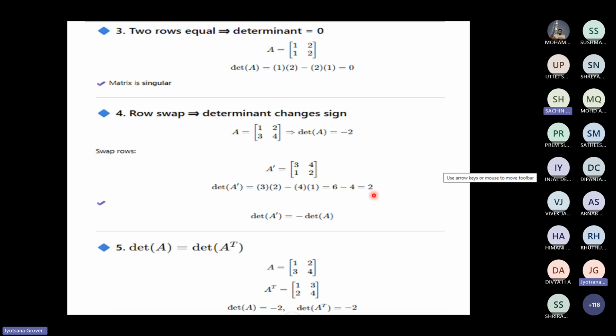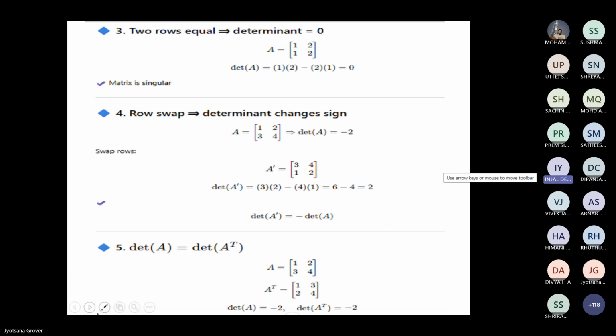In 2 cross 2 it doesn't make much sense, but in 3 cross 3 or 4 cross 4, if you swap twice, then the determinant should remain the same. If you do row swaps 2 times, it will be as good as the original matrix determinant, right?